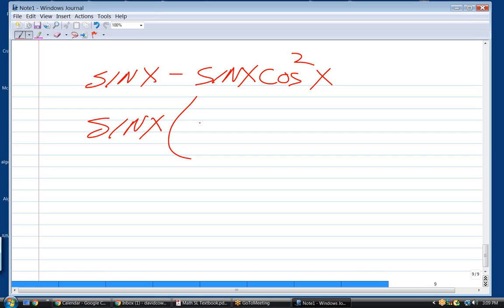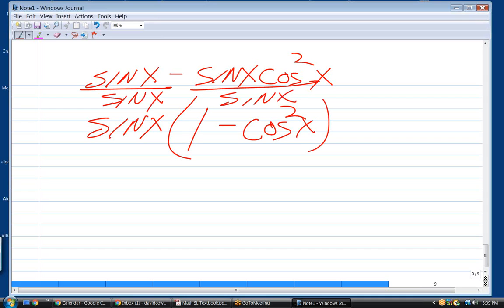Or cosine squared x minus 1, right? Oh, almost. 1 minus cosine squared? Yeah, you know what factoring out is. When you factor out a sine x, you're dividing that by sine x and that by sine x, and what's left is what you get. That divided by that is 1.